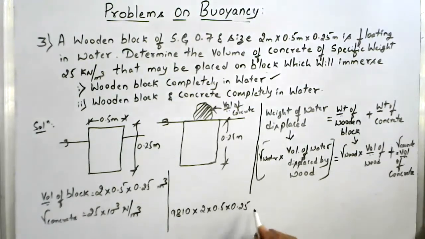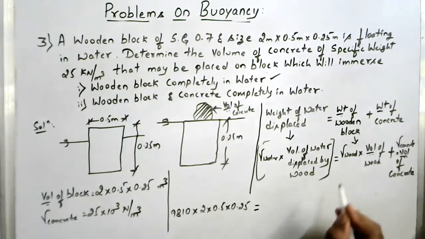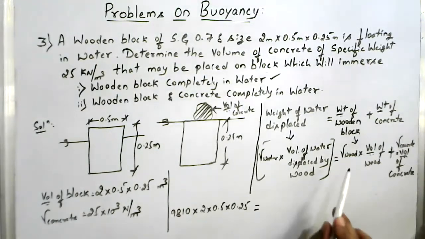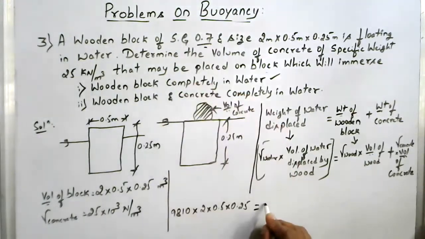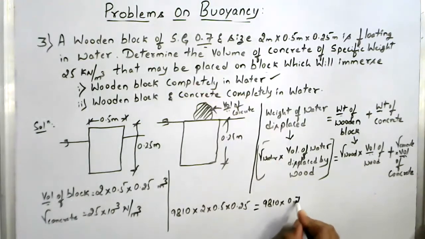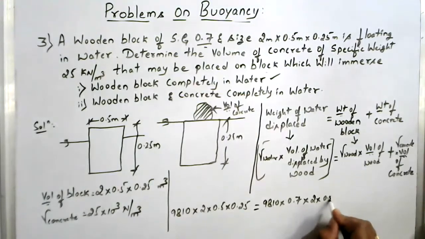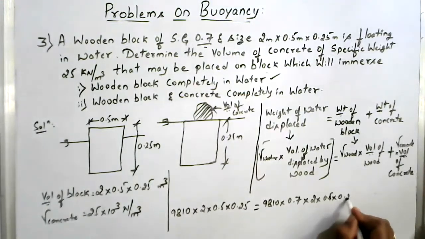Correct? What is the density of wood here? He has given the specific gravity of wood as 0.7. Therefore, it becomes 9810 into 0.7 into volume of wood, 2 into 0.5 into 0.25.